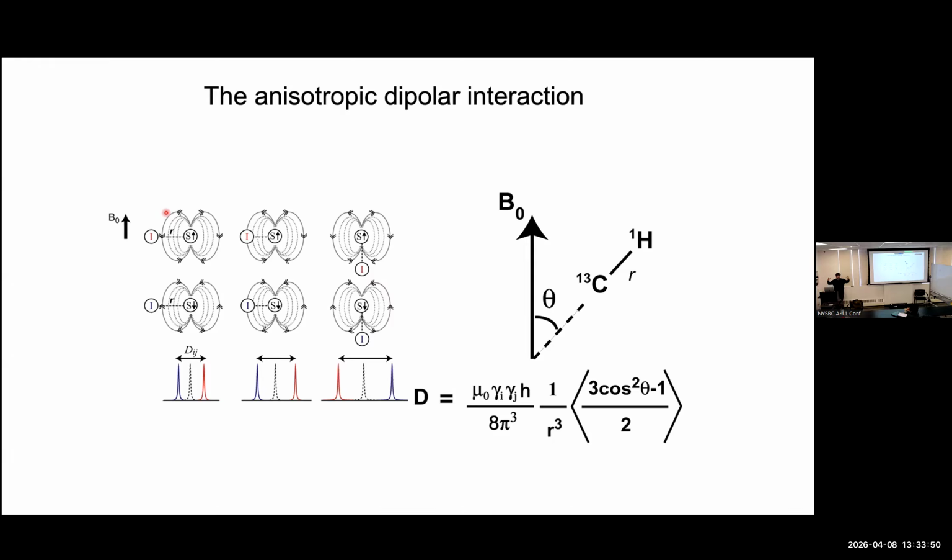Which orientation would it prefer? I have a rod-like molecule, it's in the magnet. You're saying that it will; to say it's partially aligned means that it has a preferred orientation. Why would it have a preferred orientation? It wouldn't necessarily unless there's something, right? Like there's a force that says, yeah.